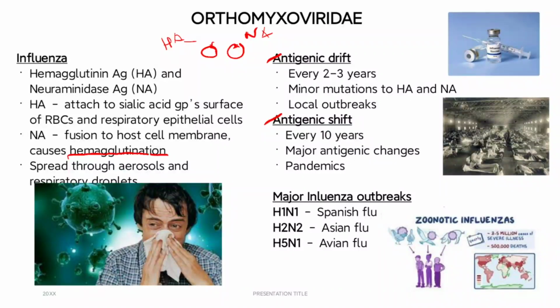And every 2 or 3 years, iba yung influenza na nag-infect sa'yo, no? Iba na yun, nag-mutate na yung virus na yun. So, sobrang lakas ng virus na to in terms of its mutations.